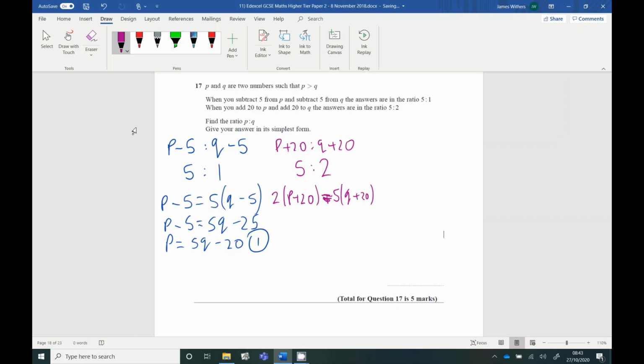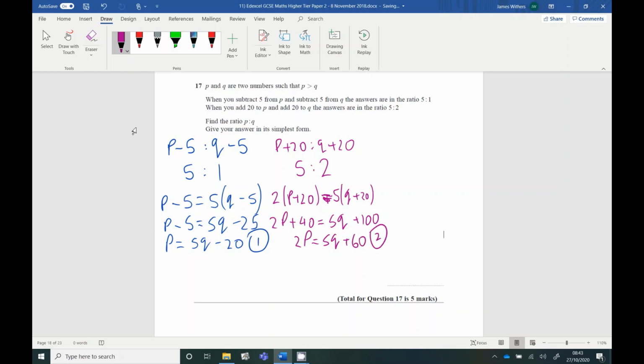Okay, so multiply out both brackets, so 2P plus 40 equals 5Q plus 100. Take away 40 from both sides, you get 2P equaling 5Q plus 60. And I'm going to call this equation number 2.